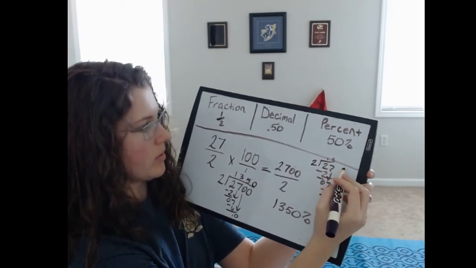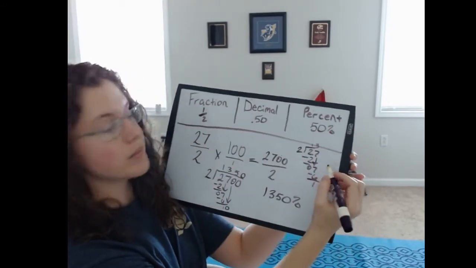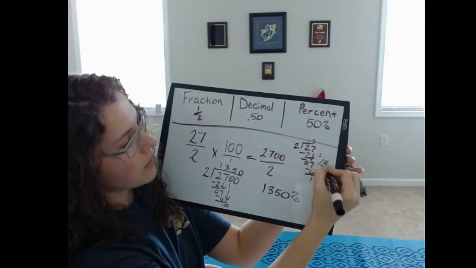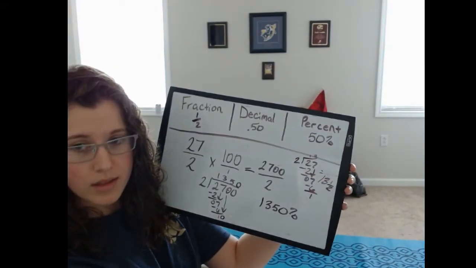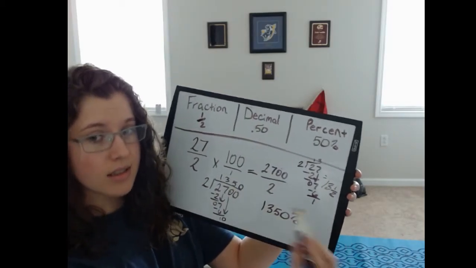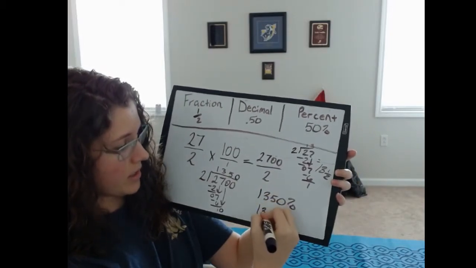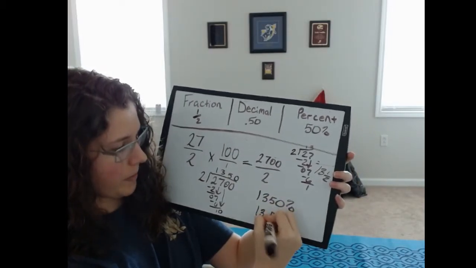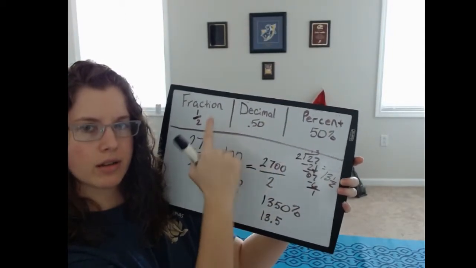My mixed number would look like, y'all, I'm running out of room. Would look like 13 and a half. 13 and a half is also the same thing as 13.5, because we already talked about halves, what they all look like here.